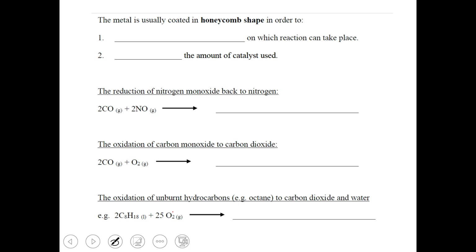So usually, as you can see from the video, the metals are coated in honeycomb shape. So why? The first reason is easy to understand, it is to increase the contact surface area.